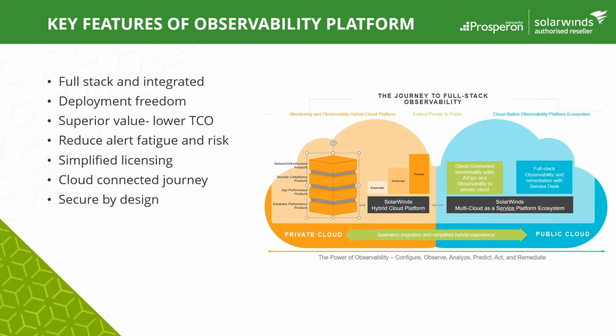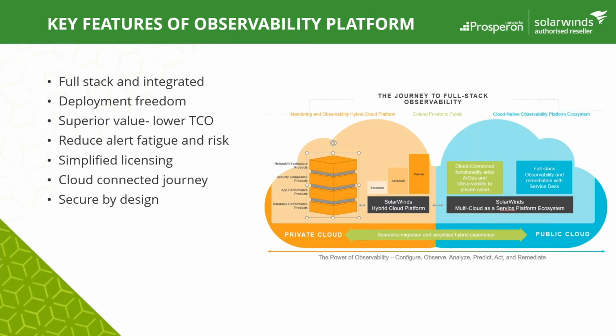On this slide, I'm going to be talking about some of the key features of the observability platform. First, it's all about too many vendors. Customers often say to us, we have so many vendors in our ecosystem, and we want to talk about how we can leverage the other towers of SolarWinds to provide a more centralized monitoring.